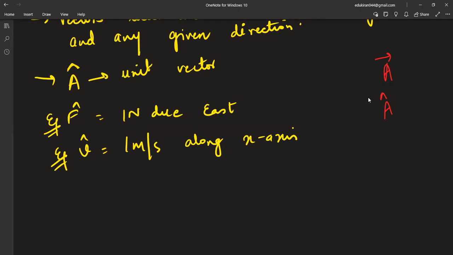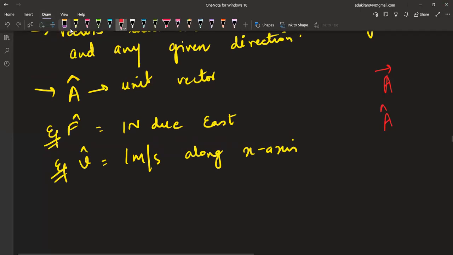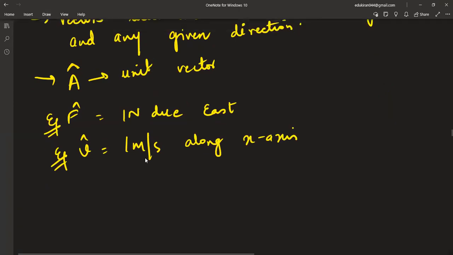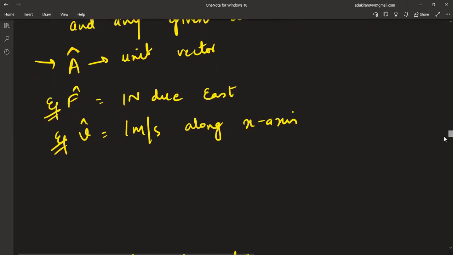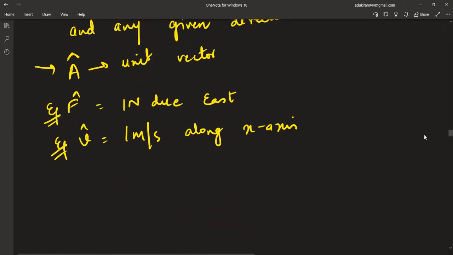Now see class, how to make unit vectors. The formula to make unit vectors is simple, not very lengthy. Like this, velocity is 1 meter per second along the x-axis. Now, how to make a unit vector? Every time in the question, you will not be given a unit vector completely.